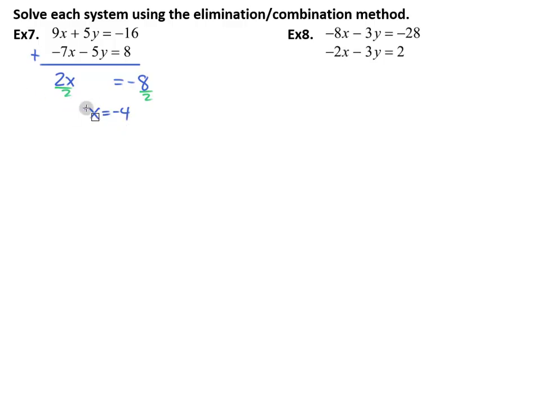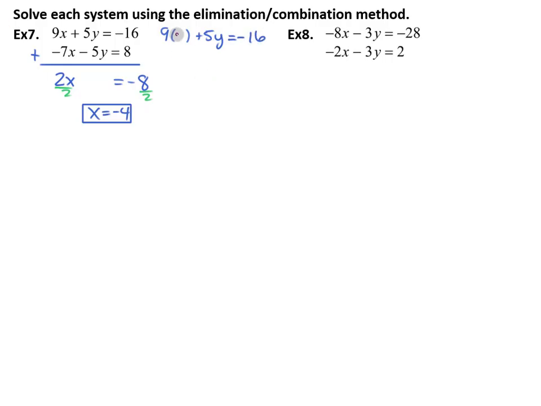Okay, so I've got one of the coordinates, and like the substitution method, we are going to substitute in to find our other one. You don't have to substitute in, but it's probably going to be for the best. So we can really use either equation here. I'm just going to use the top for convenience. It doesn't really matter. So 9 times x plus 5y equals negative 16.